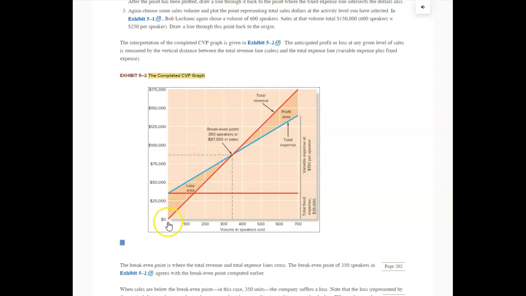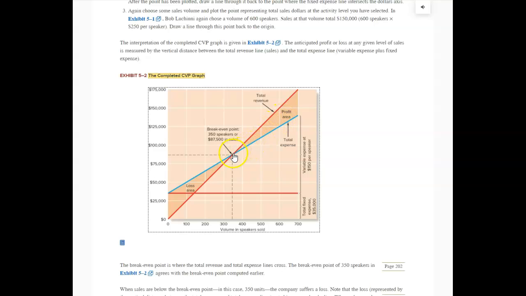So at the very beginning here, if we don't sell any units, our loss is $35,000, the fixed cost we have to pay for. Then as we start selling more units, our contribution margin we earn starts paying for those fixed costs. Our loss gets smaller and smaller until finally we hit the break-even point. Once we go past the break-even point, then here's the profit area.